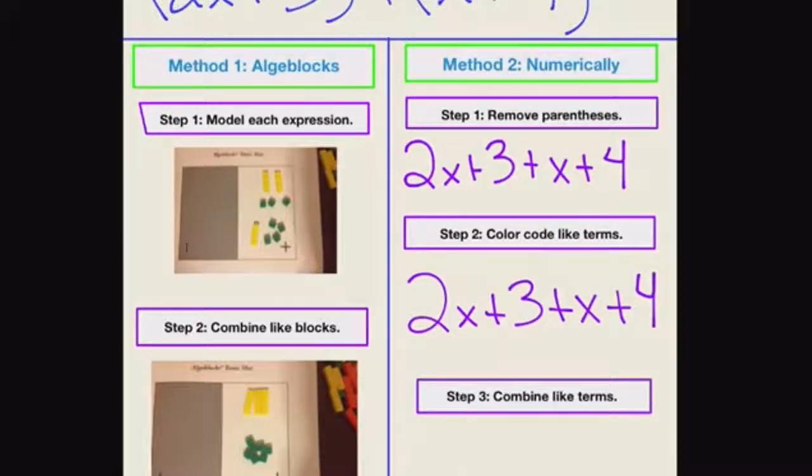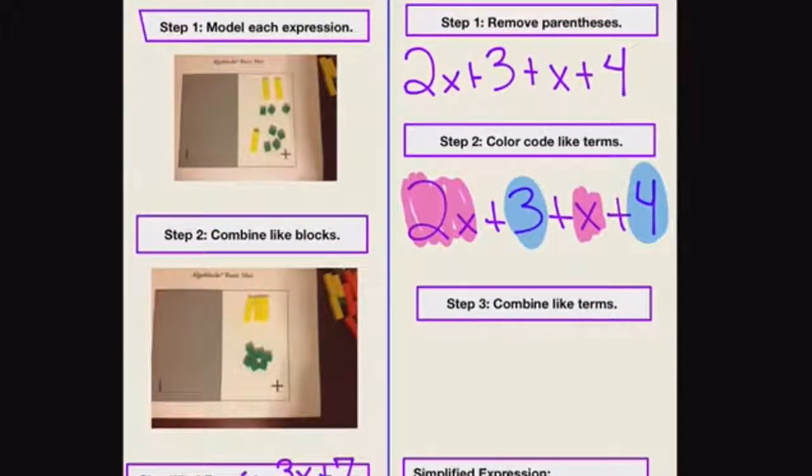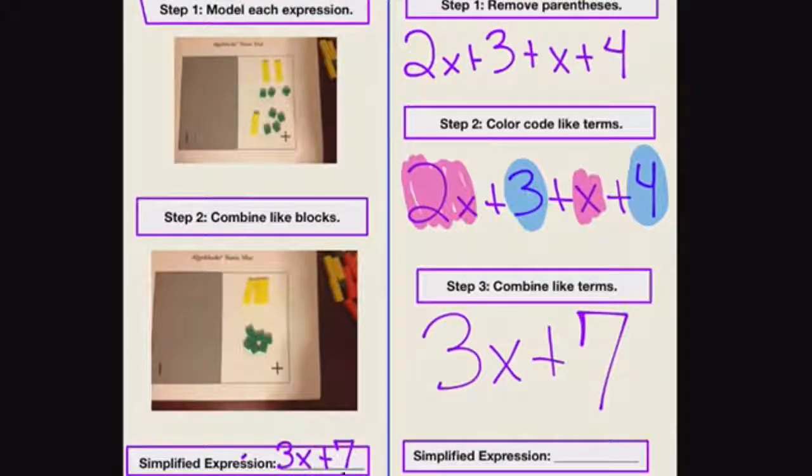All right, so we're going to go ahead and color code 2x and x. Pick a new color. We're going to color code 3 and 4. And then go ahead and combine those like terms. So 2x plus another x gives us 3x. And then 3 plus 4 gets us 7. So again, our simplified expression is 3x plus 7.